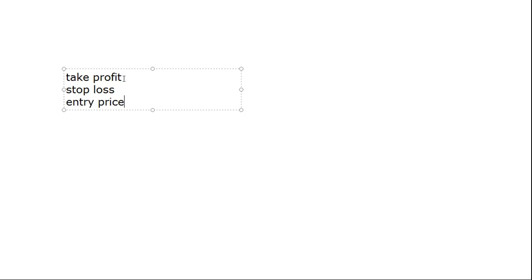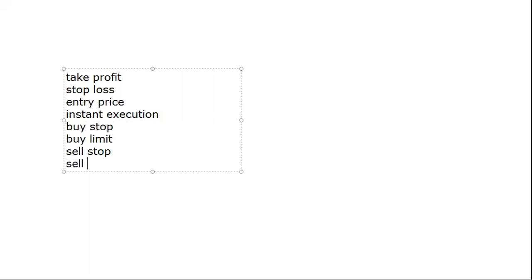Okay, so these types of orders we treated now: instant execution, and then under pending order we treated buy stop, buy limits, sell stop, sell limits.